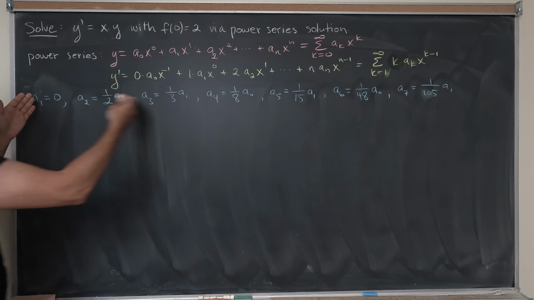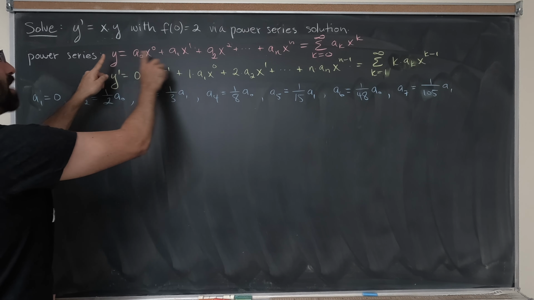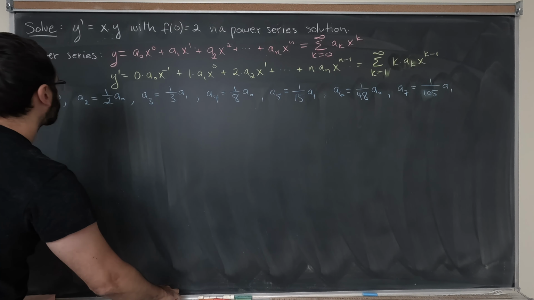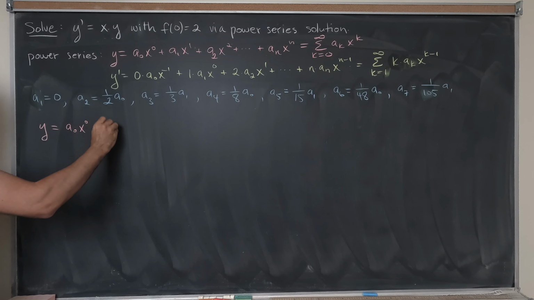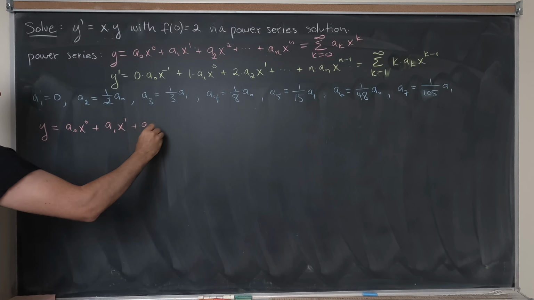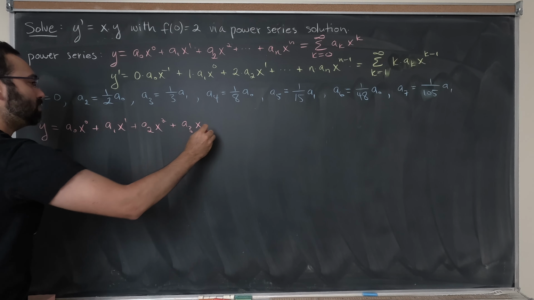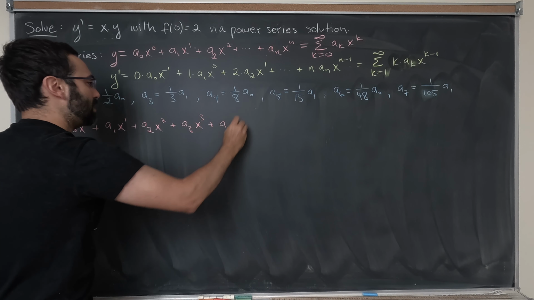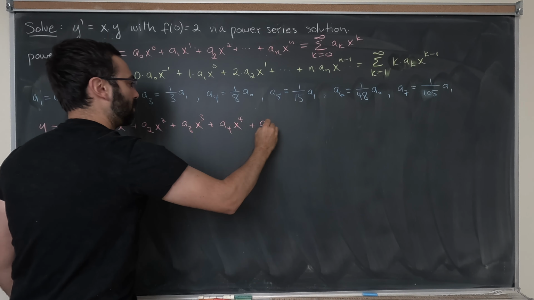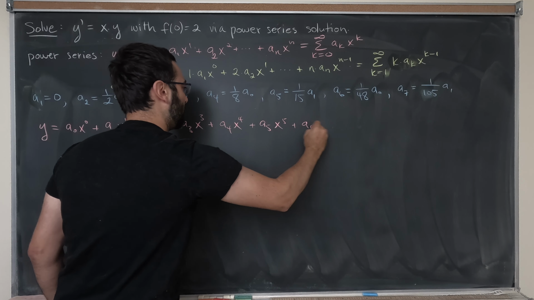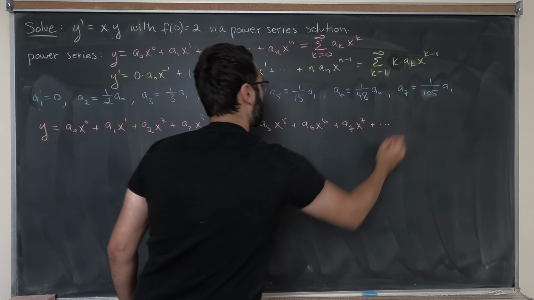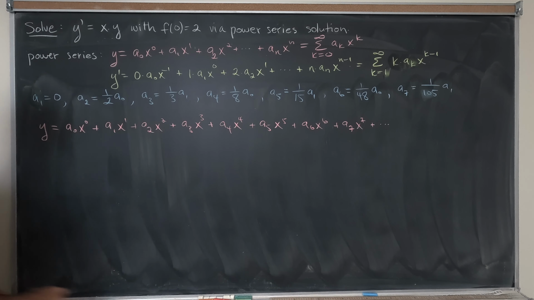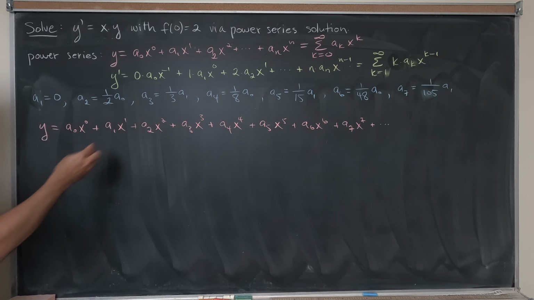So let's take what we have here in blue and take what we have in pink and combine the two. In our power series, we have a0 x to the 0 plus a1 x to the 1 plus a2 x squared plus a3 x cubed plus a4 x to the 4 plus a5 x to the 5 plus a6 x to the 6 plus a7 x to the 7, etc. And here we can sub in all of our coefficients.